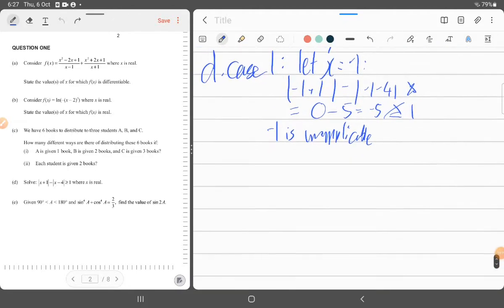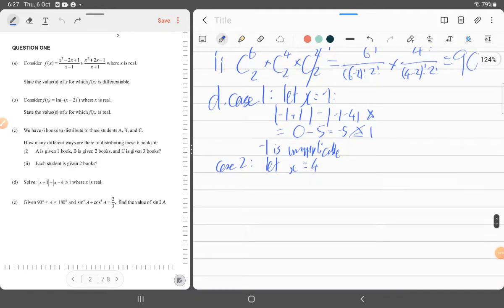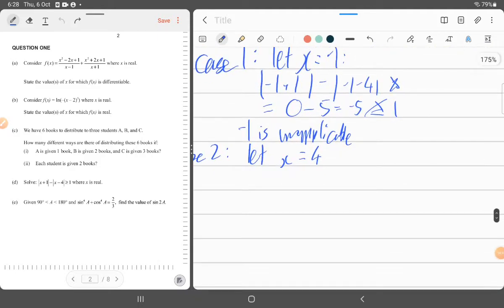Then there's no case to the x equals to 4. The x equals to 4, so absolute value of 4 plus 1, take away absolute value of 4 take away 4, which is equal to 5, which is greater than 1.